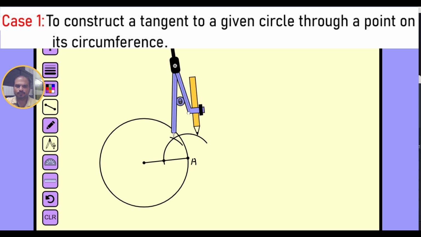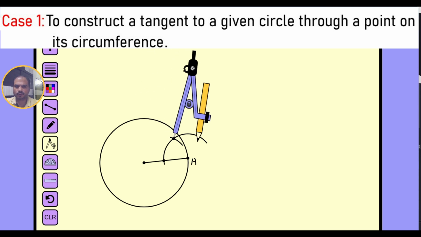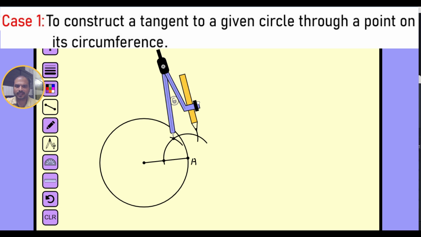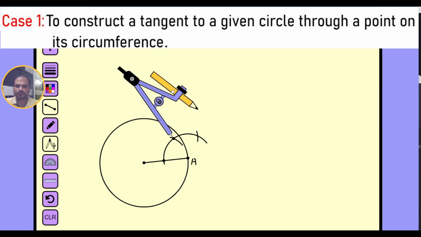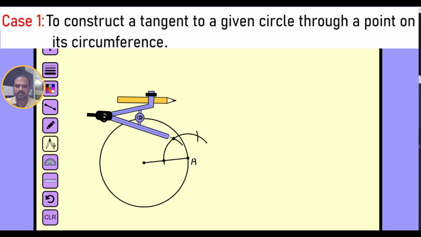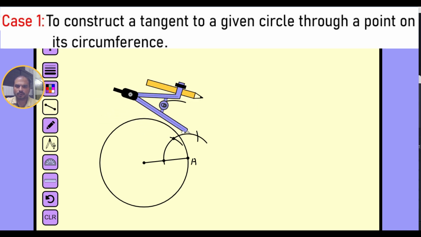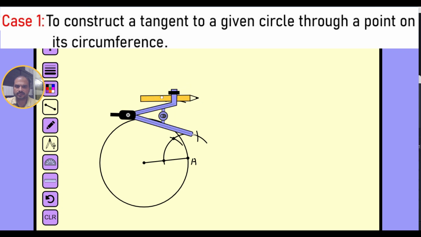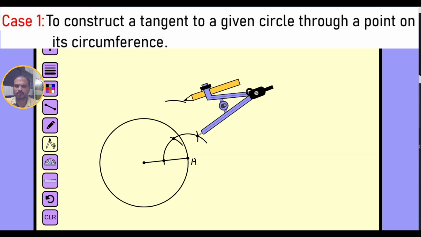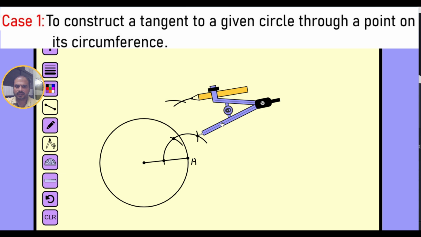Clear children? So this is how I'm going to construct a 90°. All of you are familiar with the method of construction of 90°. I think that need not be discussed. You all learned it in your lower classes as well.